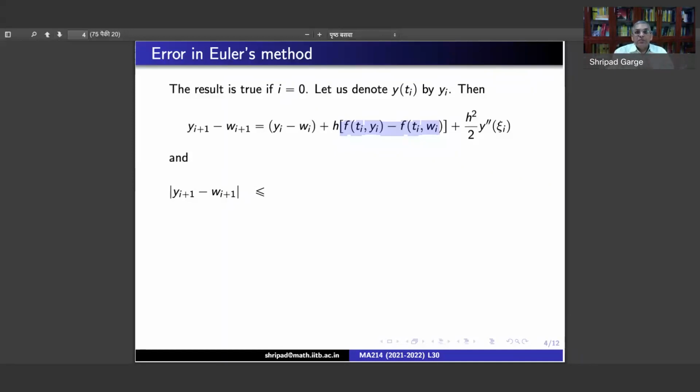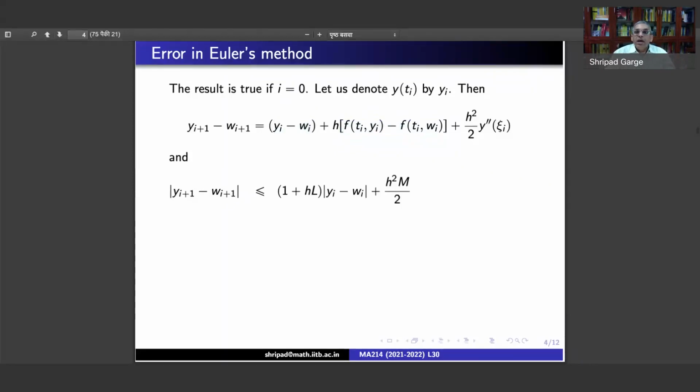And we have the first round bracket involving y_i minus w_i anyway. So this |y_i minus w_i| will be taken common, and we have 1 plus hL. The round bracket, when we put modulus, will contribute 1, and this square bracket will contribute L. And then after all, y double prime(xi_i) is assumed to be bounded above by the constant capital M. So that will give you h squared M by 2.